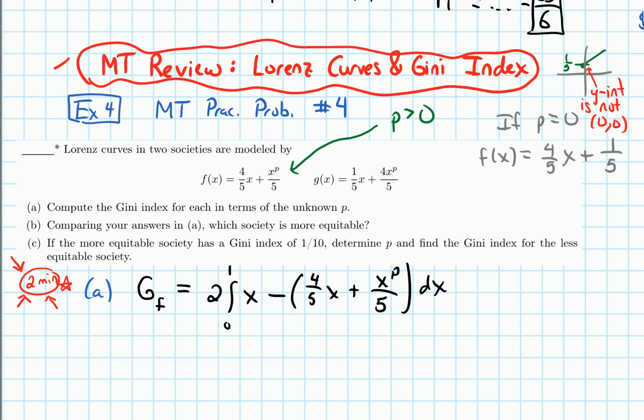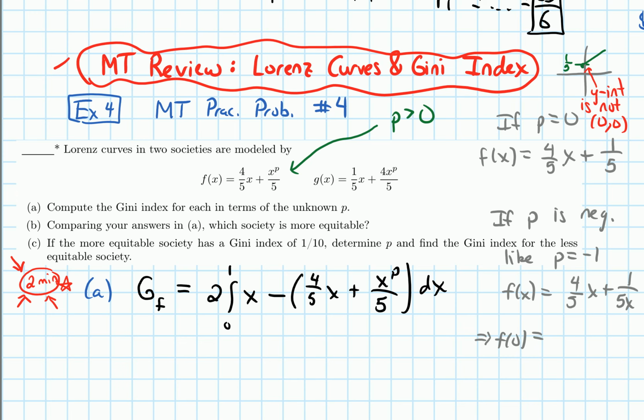And if P is a negative number, like P equals -1, we run into a different issue. So if P was -1, we'd get f of x equals 4/5 x plus x to the -1/5, which is 1/5x. But the issue is then, if we were to plug a 0 into this, we're supposed to get 0 out.